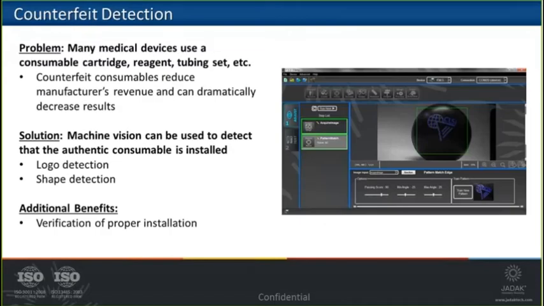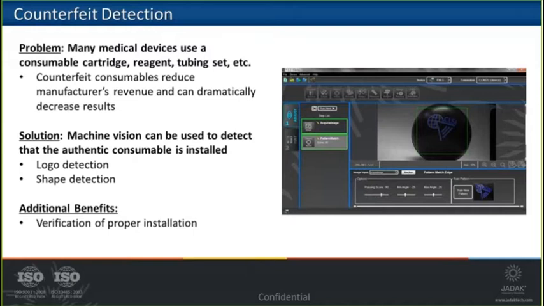I mentioned briefly counterfeit detection in the past, and how we've generally done that with machine vision is through the detection of a logo. A lot of our customers make the bulk of their money not through the sales of the device itself, but through the sales of whatever consumable goes in the device, whether that's a reagent, a sample cartridge, or any number of things.